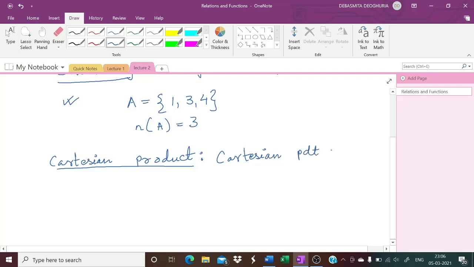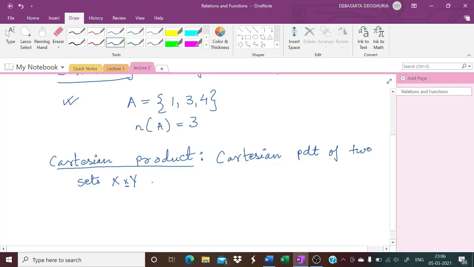Product means product. Okay, Cartesian product of two sets X cross Y. This is cross, okay, this is not the letter x. This is cross multiplication product.